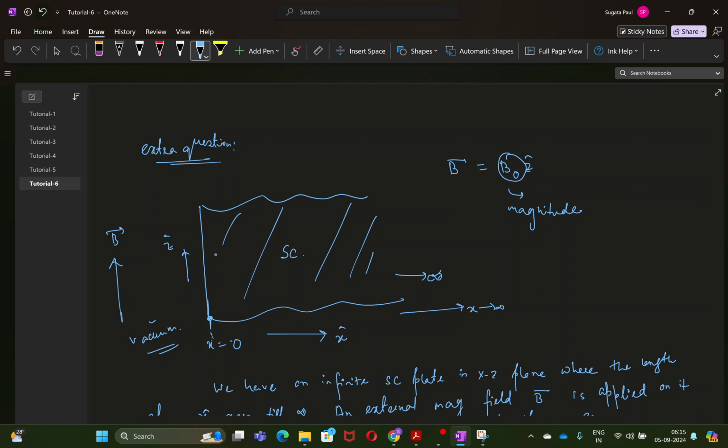And then as you move inside the superconductor, some part of the field will be able to penetrate, but that value will be decaying off from the maximum value B naught.